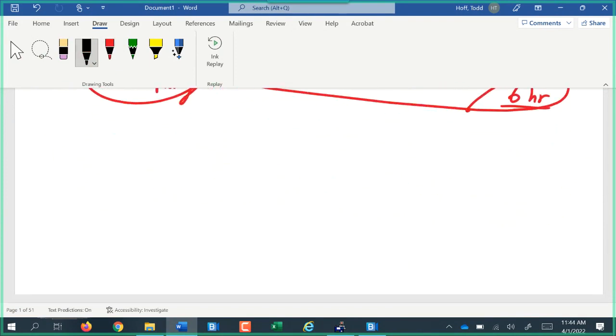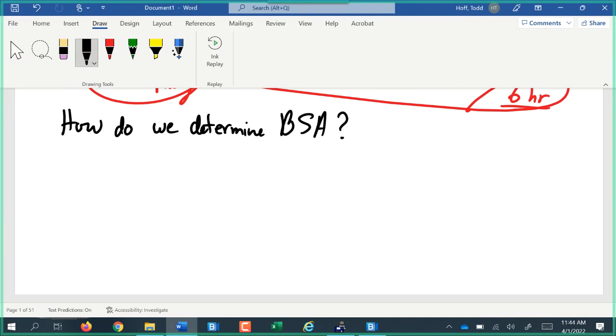So that calculation isn't really much different than our calculation for dosages based on weight. We will definitely come back and do some more examples, but first let's talk about how do we determine body surface area, BSA for short. Well, there are a few methods. There's a chart method, which is pretty extensive.